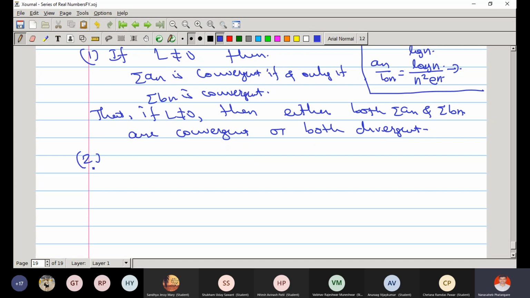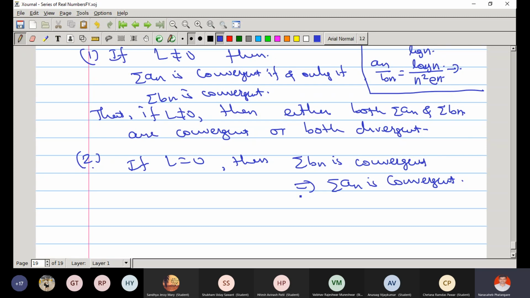And second observation: if this limit is 0, then Bn convergent implies An convergent.